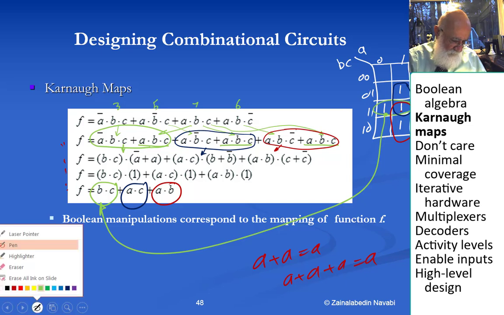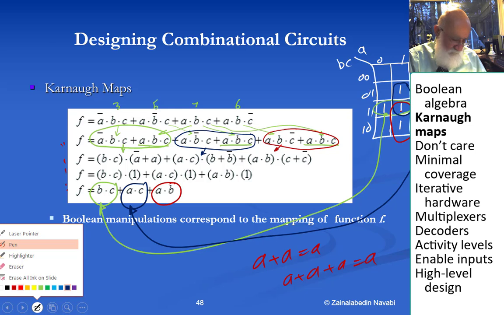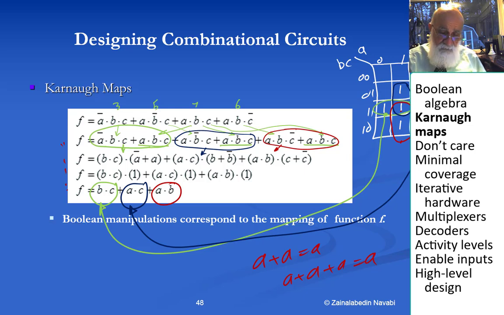I look at the dark blue and find that the variables that are common between these, A is 1 in all boxes, C is 1 in all boxes, and therefore this is A and C. Finally, the variables that are the same in all these boxes, A is 1 in the 2 boxes, and B is 1 in these 2 boxes, and therefore this is A and B.